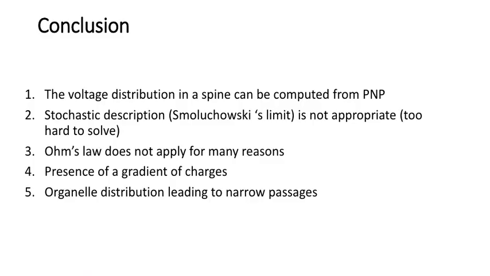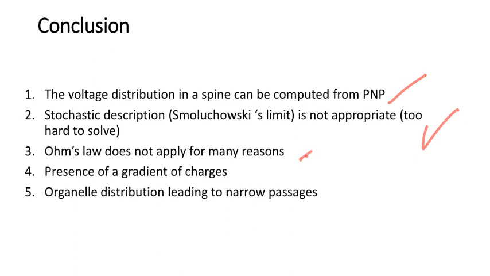So, conclusion: the voltage distribution in the spine can be computed from this Poisson-Nernst-Planck equation. The stochastic description from Smoluchowski is not appropriate because it's too hard to solve, and probably we are missing here all the fluctuation effects, which could be very important, especially when we don't assume electroneutrality.